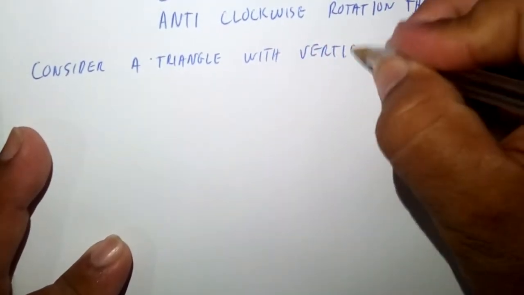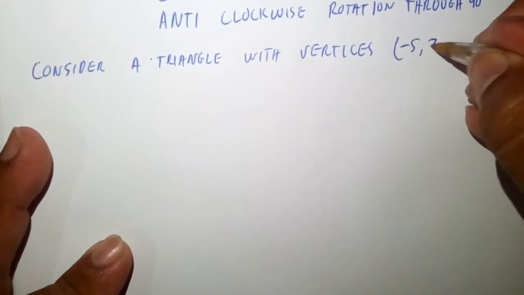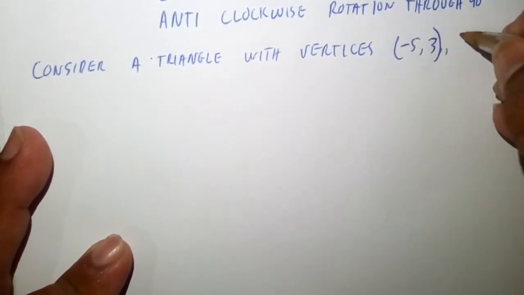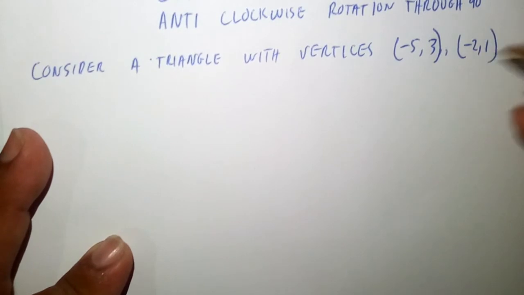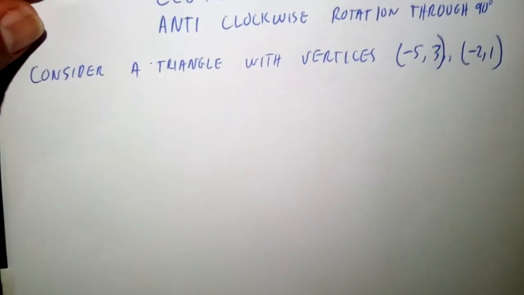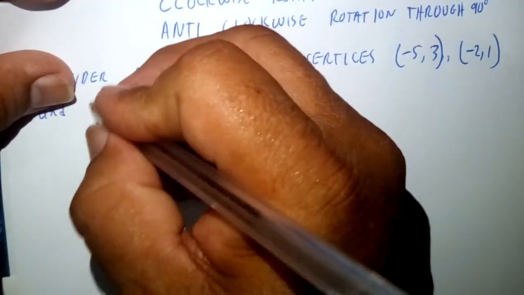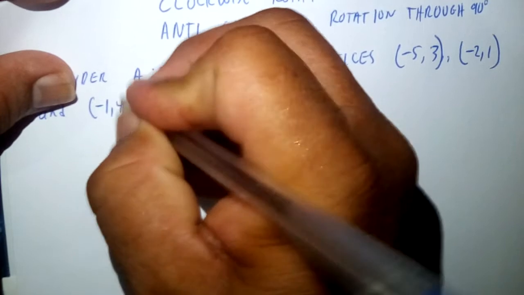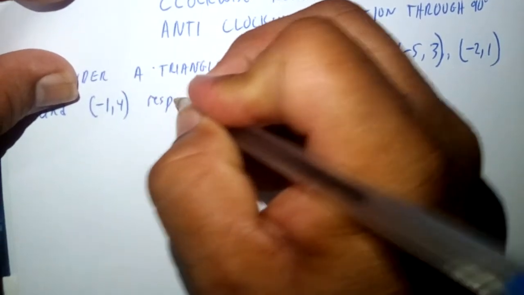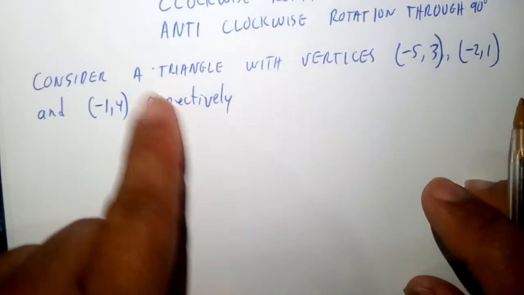Okay, the vertices of the triangle is as follows: -5, 3, -2, 1, and -1, 4 respectively. Okay, again remember, this simply means of the triangle.